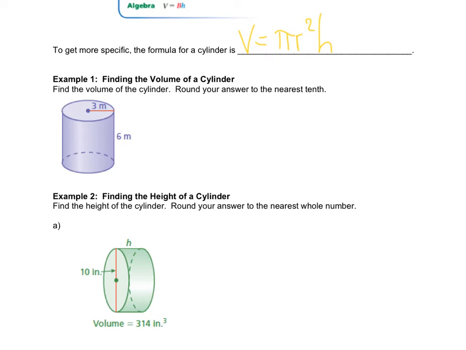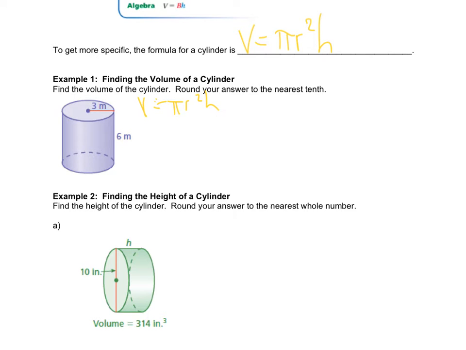So here we go. Find the volume. So we know the volume formula is just pi r squared h. Okay. Now this one doesn't say use 3.14, so this is one where maybe you use the pi button on your calculator. I'm just going to use 3.14 on this one because I think a lot of times that's what we end up using.